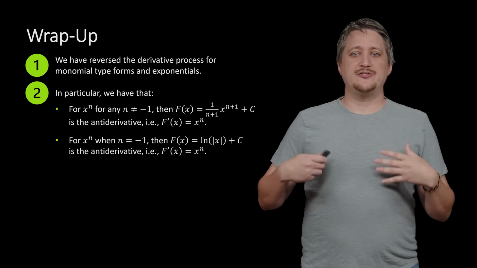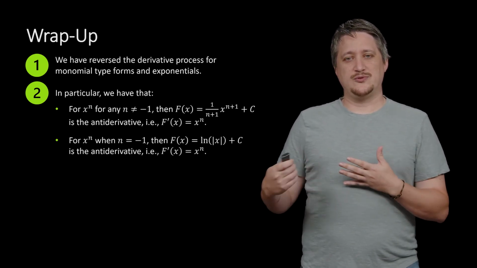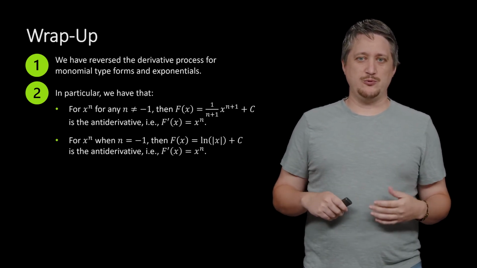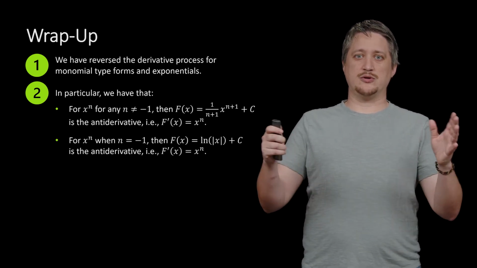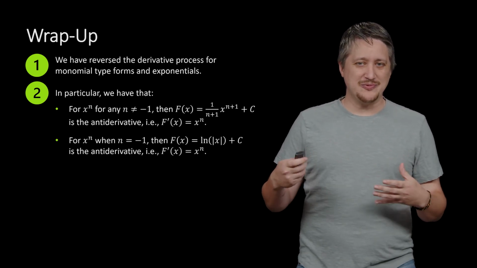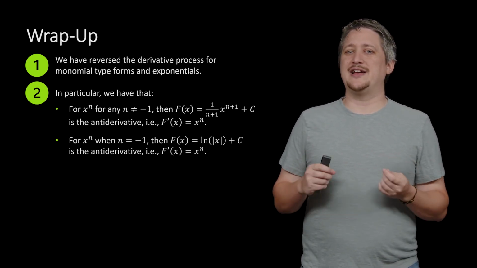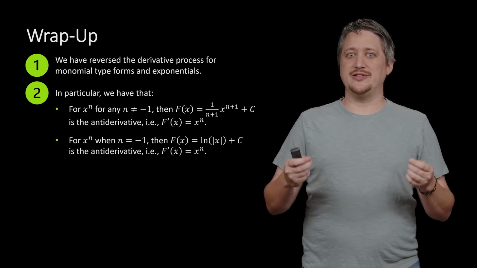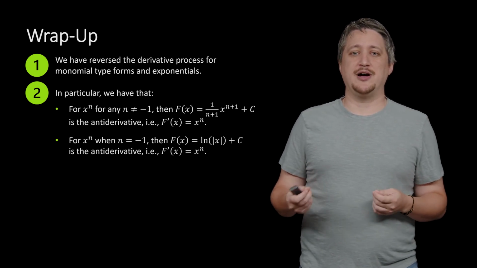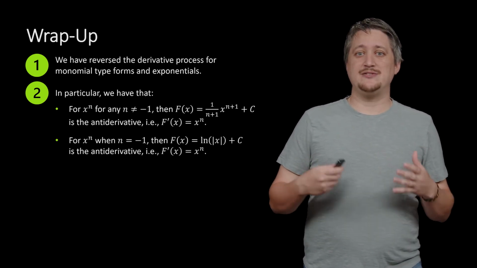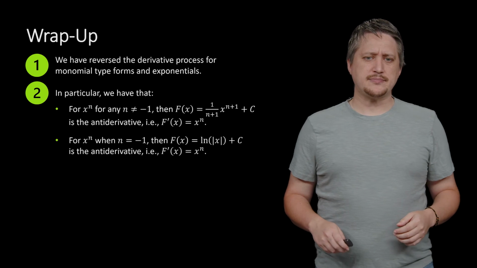In practice, if you see this in word problems or in the real world, you often run into a case where that absolute value is dropped, but that has to do with some background information telling you that x has to be a positive value. So unless you have that, you definitely need the absolute value.